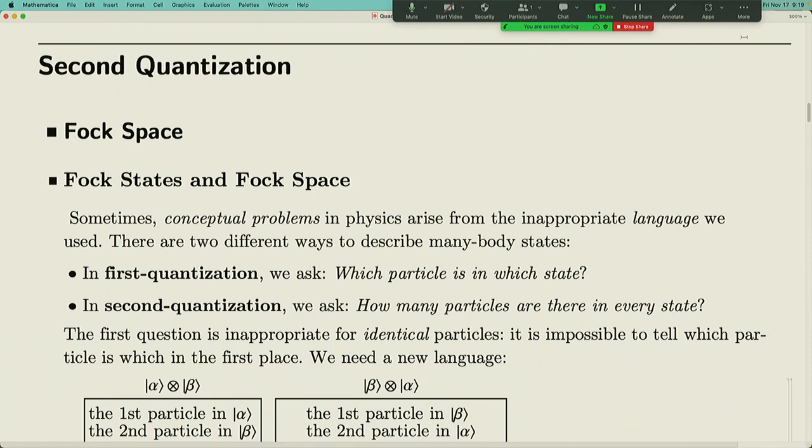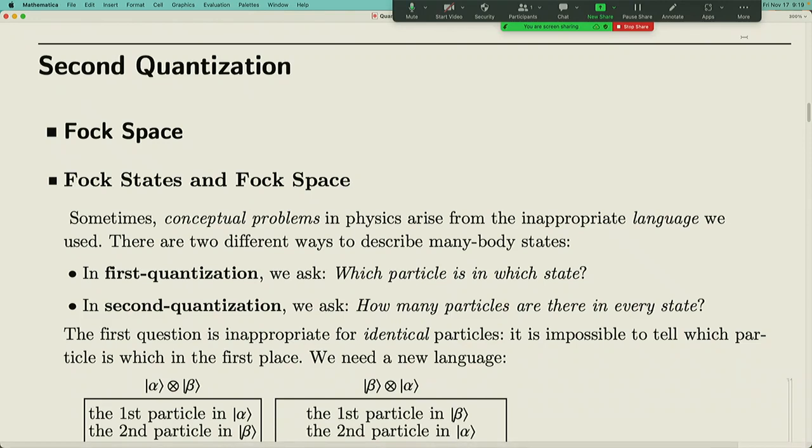But you can see this approach has an inappropriate language here, because we are asking about a specific particle, where the particles in identical particle systems are indistinguishable. So that's why we need to change our way of asking questions and labeling the state in second quantization. Second quantization basically means another way of asking this question: how many particles are there in every state?